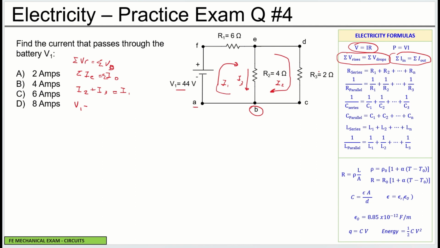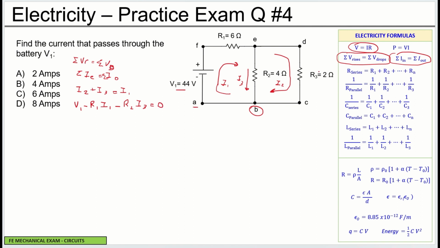So R1 times I1. Then if we go to EB, we have the resistor R2 and the current I3. It's negative because it goes in the same direction when we move from E to B. So this is R2 times I3 equals 0.